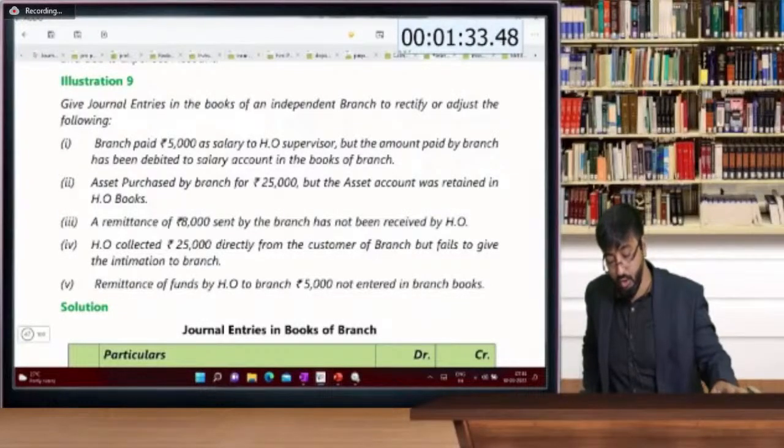Send me total 5 answers. Don't refer ICI answers. Please, it's my request. Directly send to me. Don't refer ICI answer. Even don't open your study material. Question is in front of you.